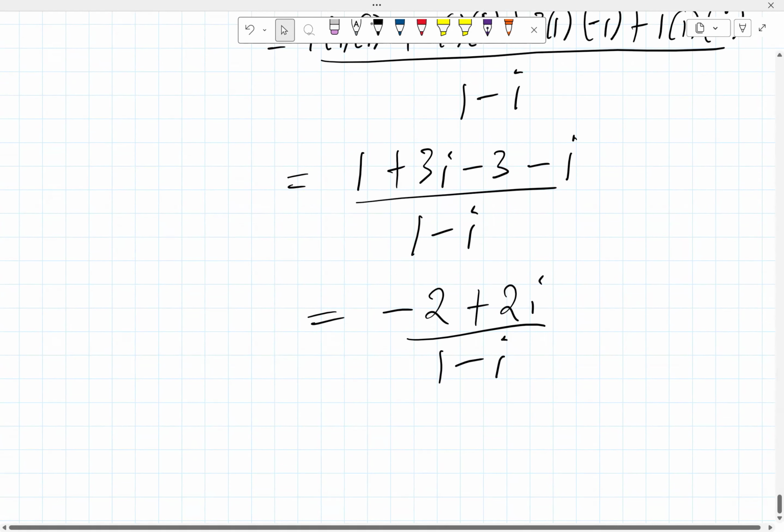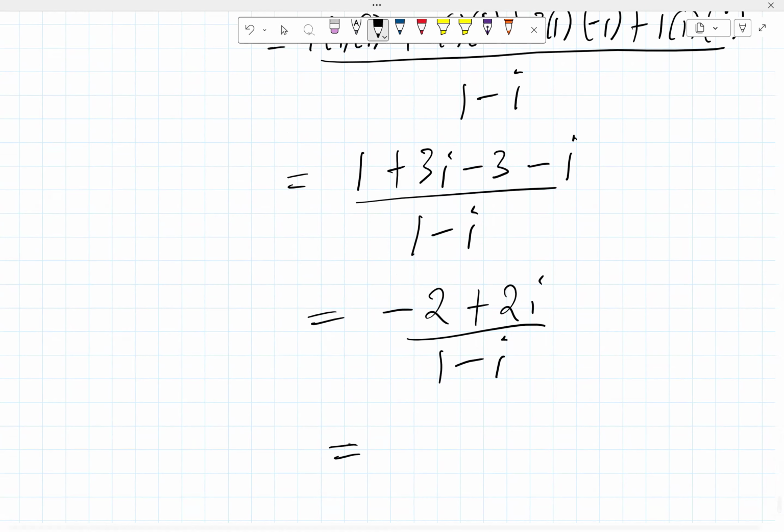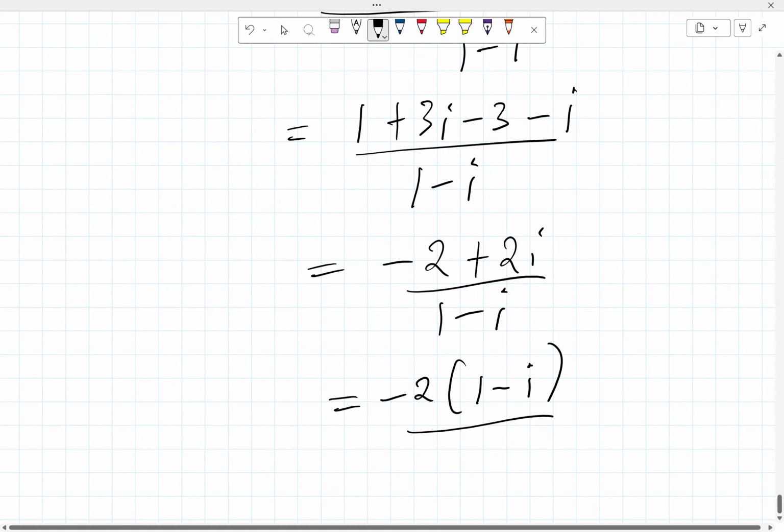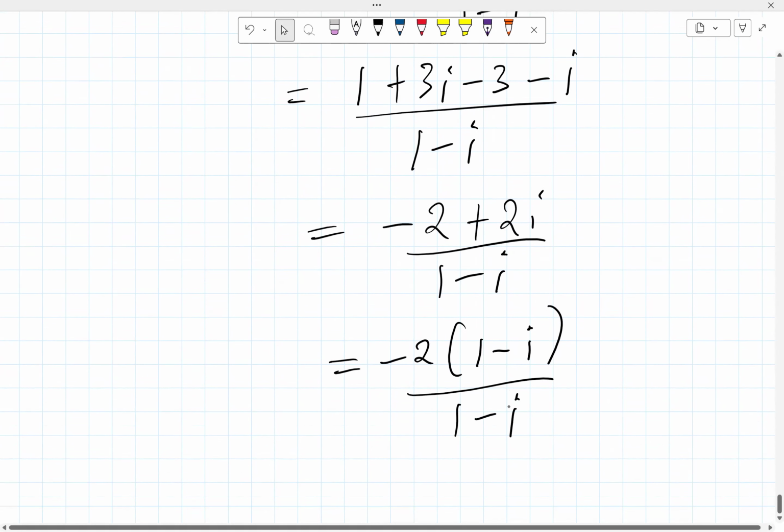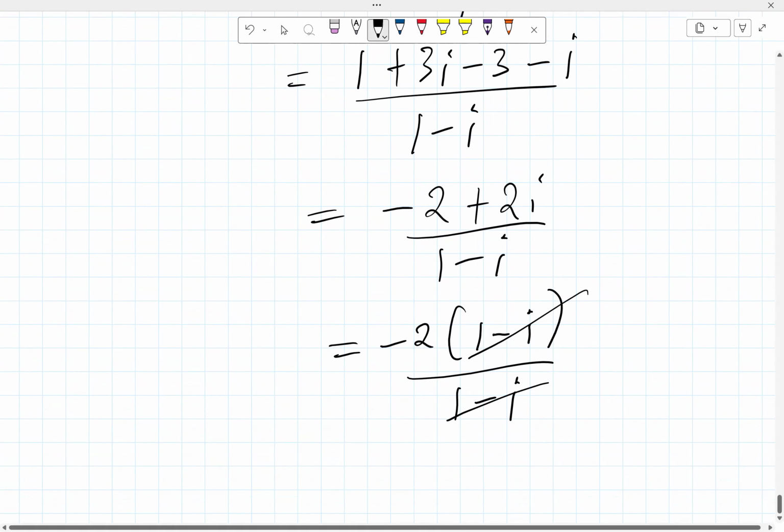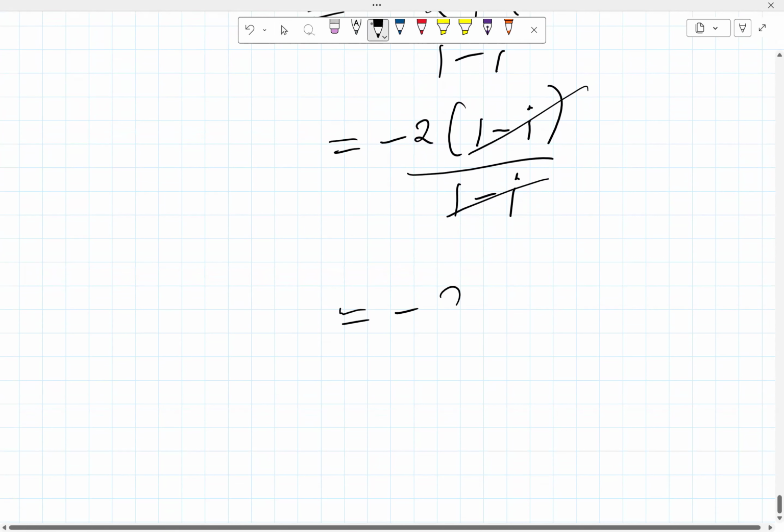Can I see any pattern here? Okay, I think there's a pattern. Can we factorize? When I factorize this, I have minus 2 into (1 minus i). So that's minus 2 plus 2i all over 1 minus i. So this can easily cancel out, and we have minus 2.